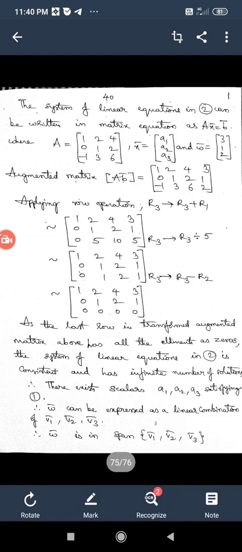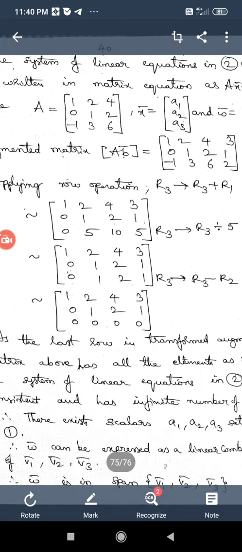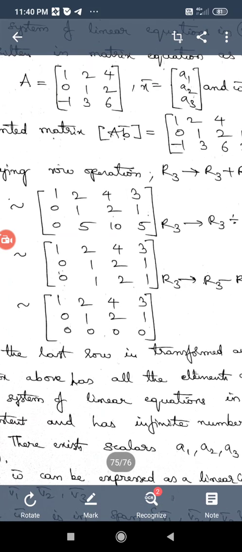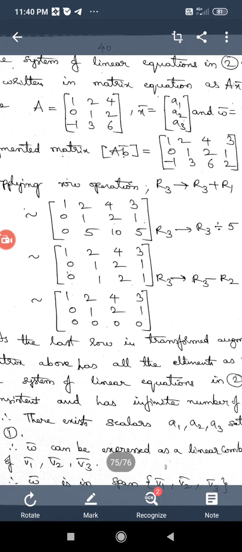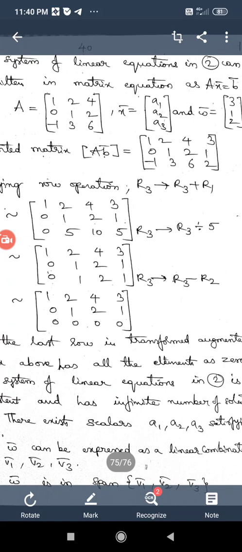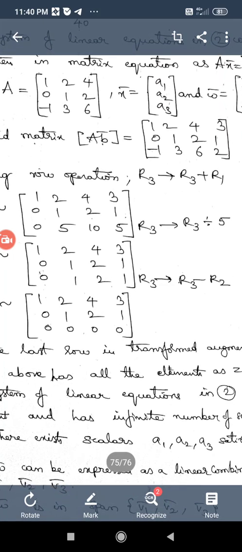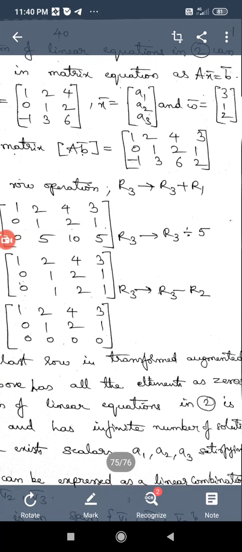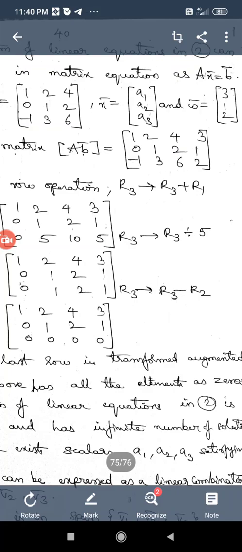This is obtained by taking the columns of A as the first 3 columns of [A | b bar], and the last column is actually b bar, not w bar. It is b bar equal to (3, 1, 2), the fourth column of the augmented matrix.